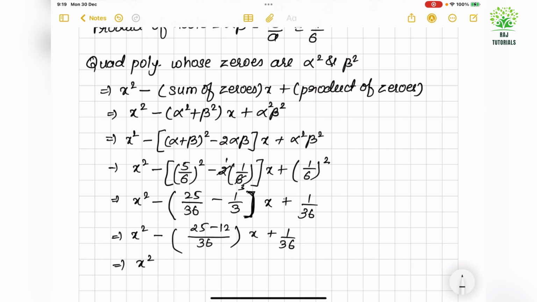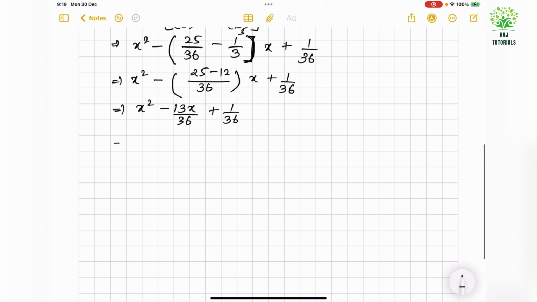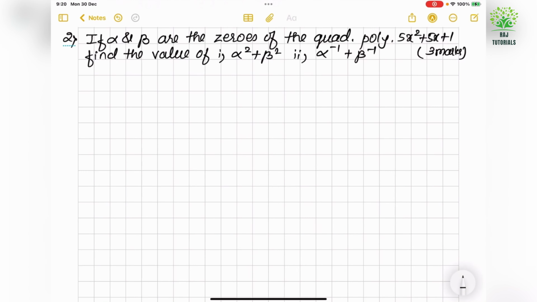So this will be x square minus 13x upon 36 plus 1 upon 36. So required equation will be 36x square minus 13x plus 1 equal to 0.